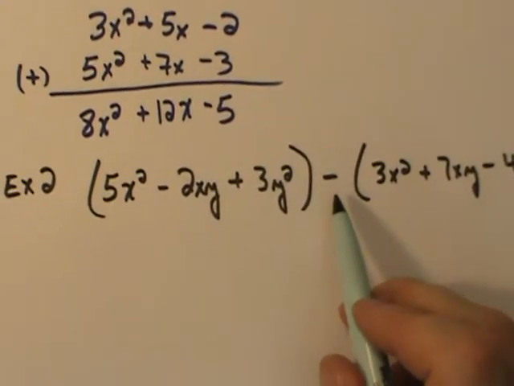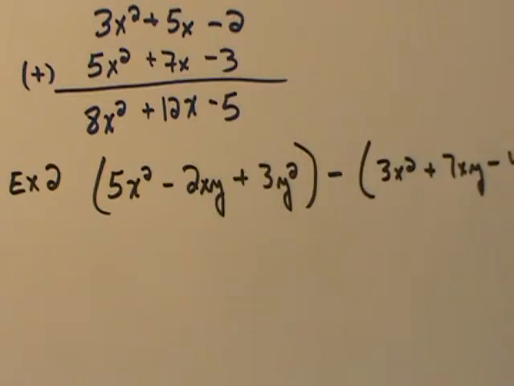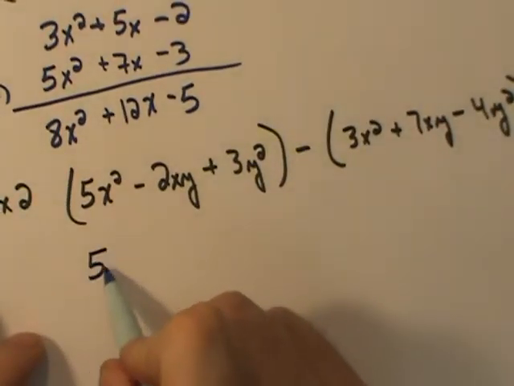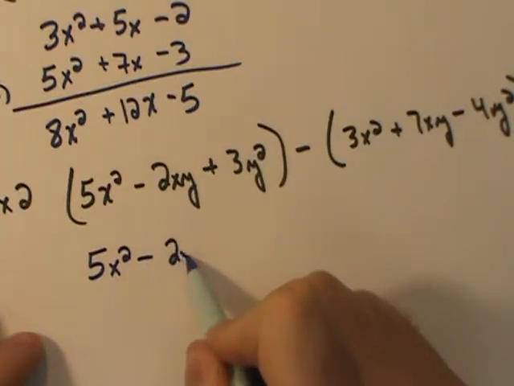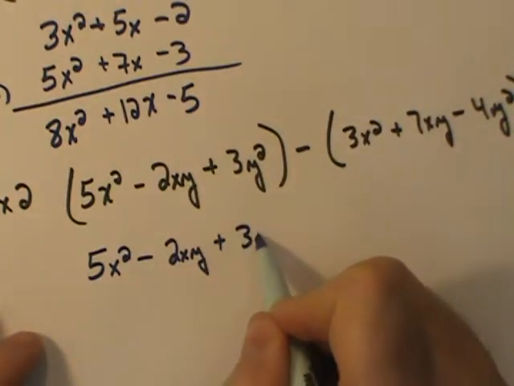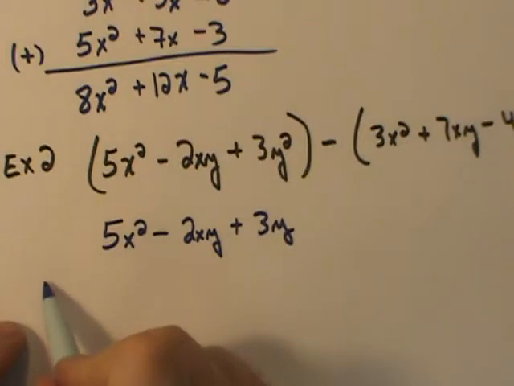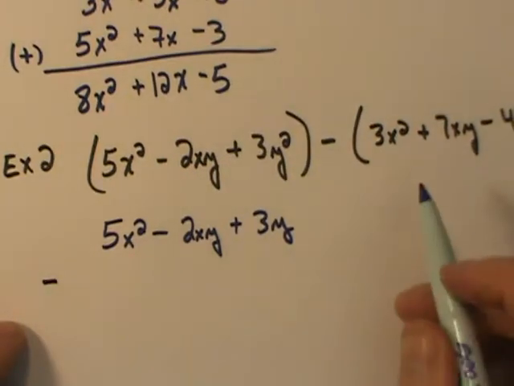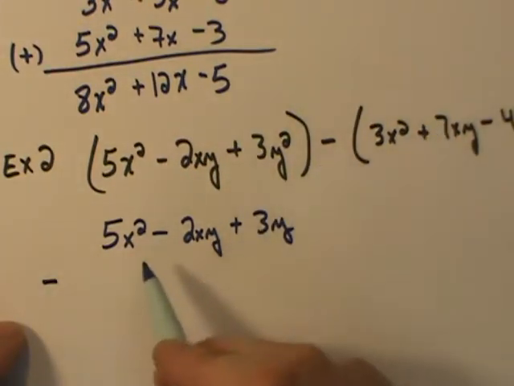With the operation of subtraction, what I would do is start with the original set of parentheses and say 5x squared minus 2xy plus 3y squared. Then I'm going to do my operation right here. I'm going to go minus, and I'm going to bring all these terms together where I line them up.